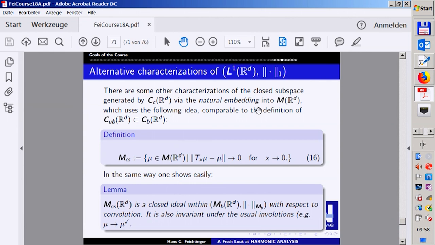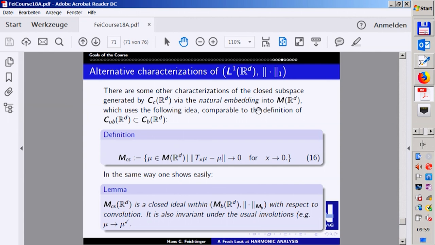Of course, this is again because if somebody convolves such a thing, so if you have Tx mu1 with mu2, you can pull out the Tx, and you can again say a convolution product can be shifted by just shifting one of the factors. Remember, Tx is just the convolution with delta x.